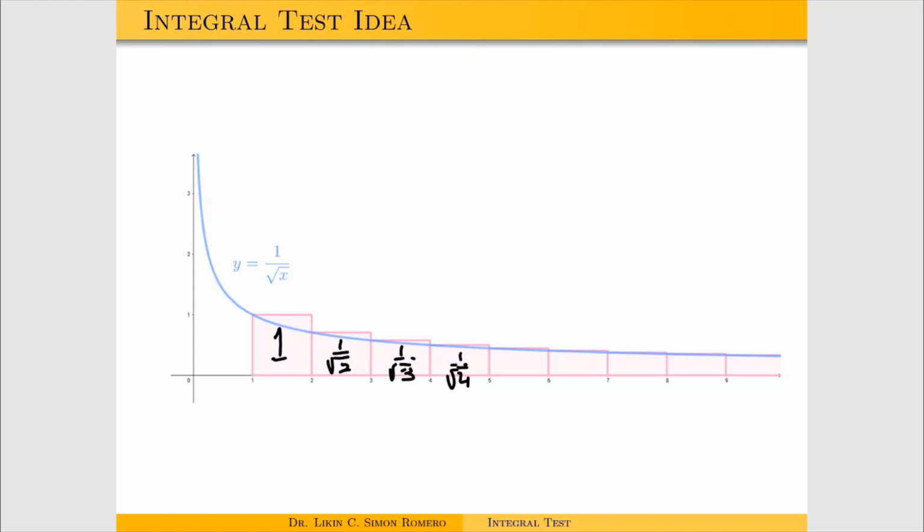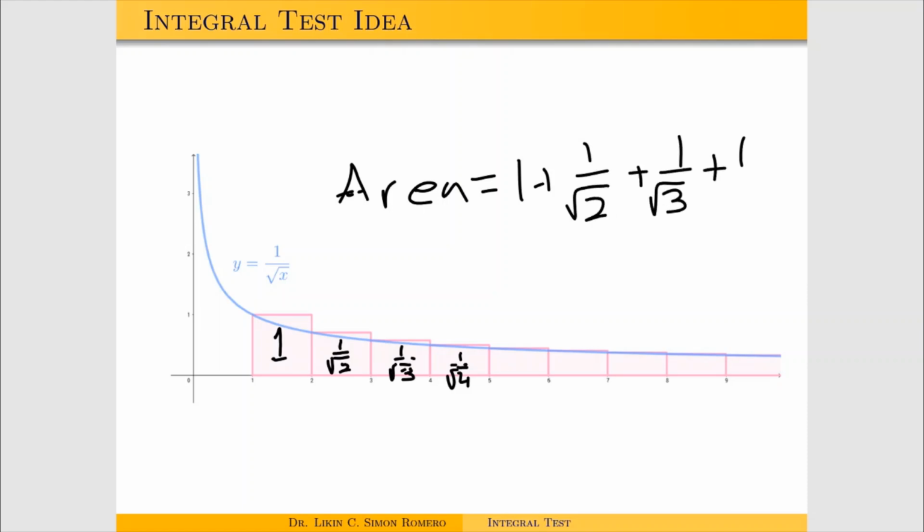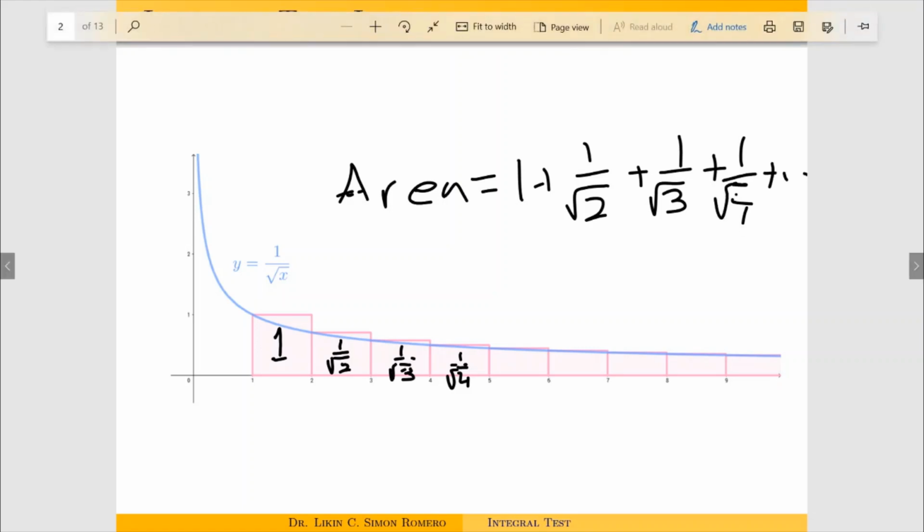And thus, if we add up all of these boxes, we see that this area is equal to 1 plus 1 over the square root of 2 plus 1 over the square root of 3 plus 1 over the square root of 4, and so on. And what we see is that we can actually write this as an infinite sum: the sum from n equals 1 to infinity of 1 over the square root of n.